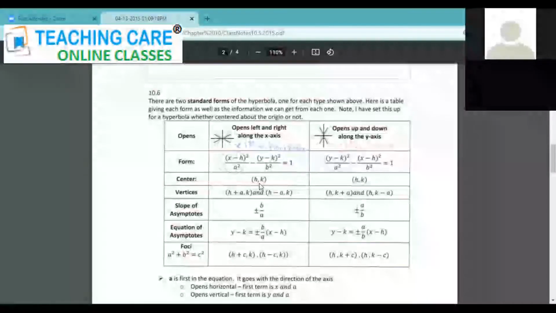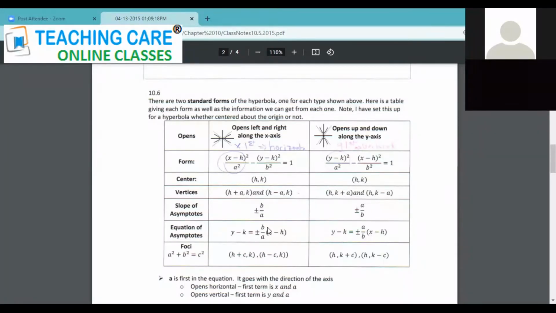The center will be h comma k for both, whereas the vertices are h plus a comma k and h minus a comma k for the horizontal one, and h comma k plus or minus a for the vertical one. The slopes of the asymptotes are plus or minus b over a for this one, and plus or minus a over b for the other. If they ask for the equation of the asymptote, you can use the point slope formula: y minus k equals plus or minus b over a times x minus h.